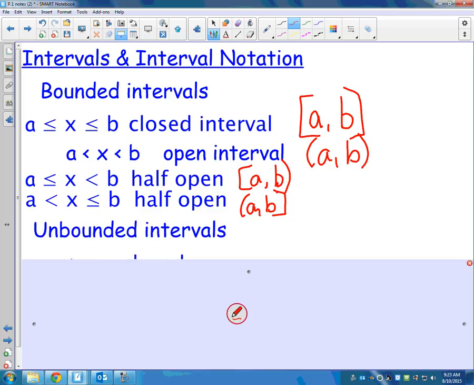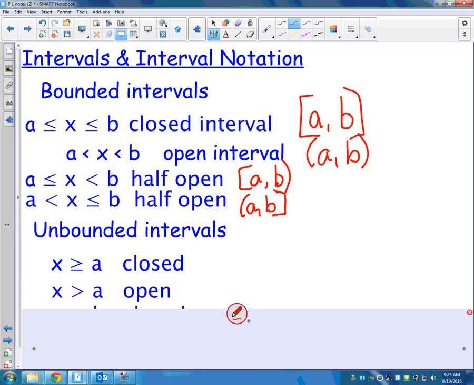Bounded. Unbounded intervals are intervals that keep going on forever in one or both directions. So that means you're going to have that infinity sign in there. And again, unbounded intervals could be open or closed, and that has to do with the endpoint that's in there. So again, just giving you options here of every possible option.